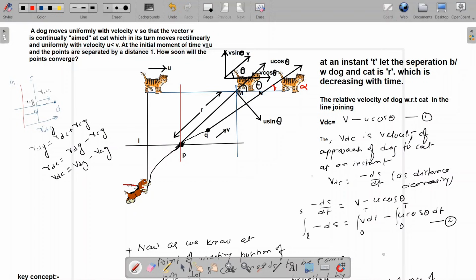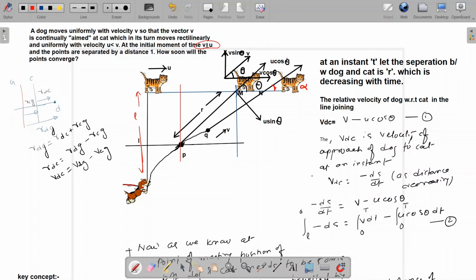You can see here, the velocity vectors are perpendicular to each other. The initial distance between the cat and dog is L. We need to find out at what point the dog will catch the cat.